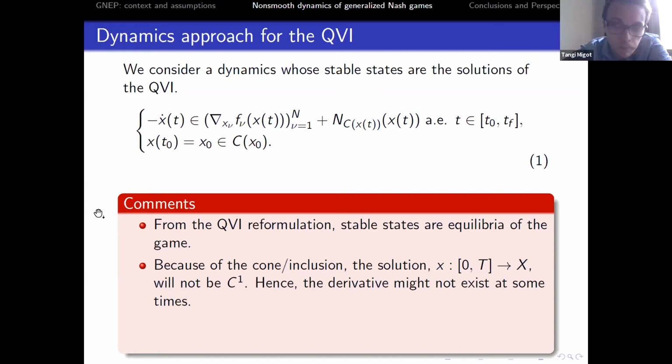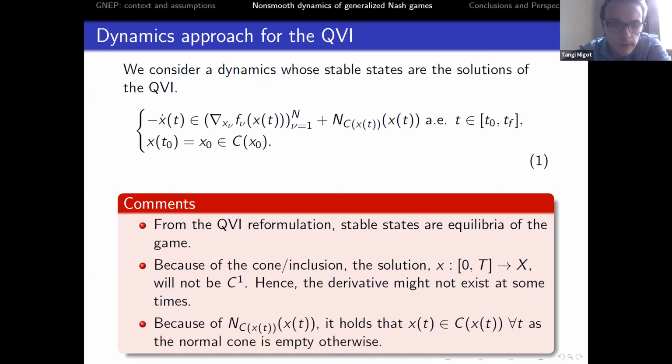So it will be absolutely continuous or Lipschitz continuous, depending on the case. And also because of the normal cone, there is one strong observation, that at all time, x of t will belong to the set C of x of t, okay? So that's really a differential system that lives in the set of fixed points of C, okay?